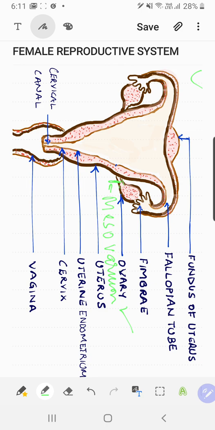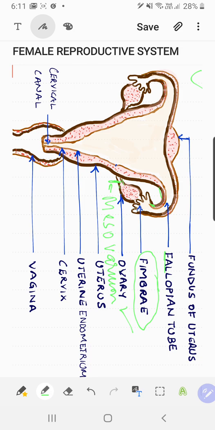Right, children? And then you notice that there is a tubular structure, and there is a folded projection at one end. This folded projection is known as fimbriae. This is the terminal part of this tubular structure. This tubule is the fallopian tube, and the terminal part of this fallopian tube is fimbriae, which is a folded, umbrella-like projection.